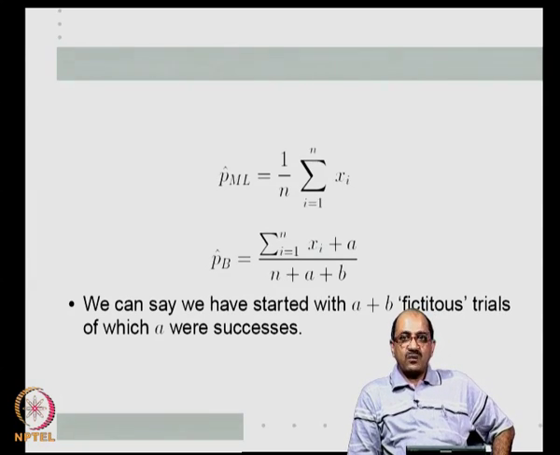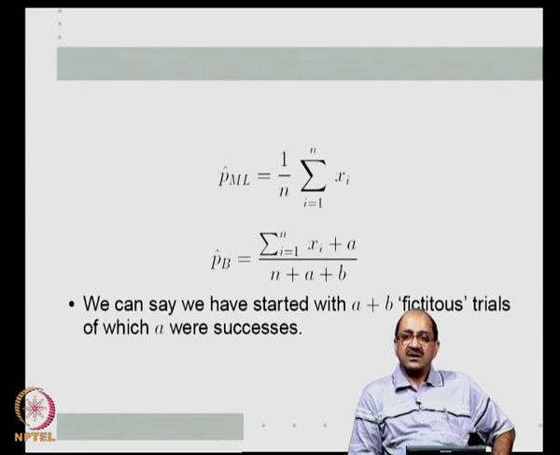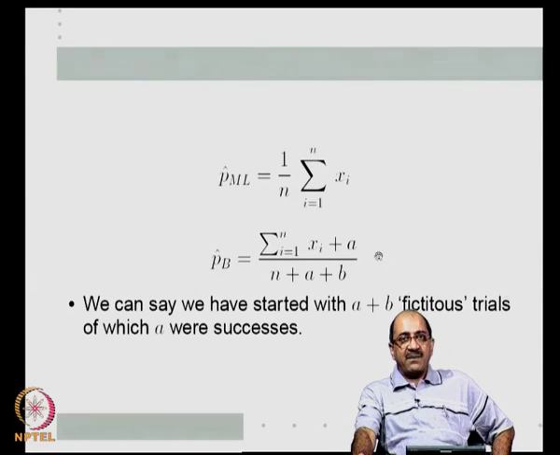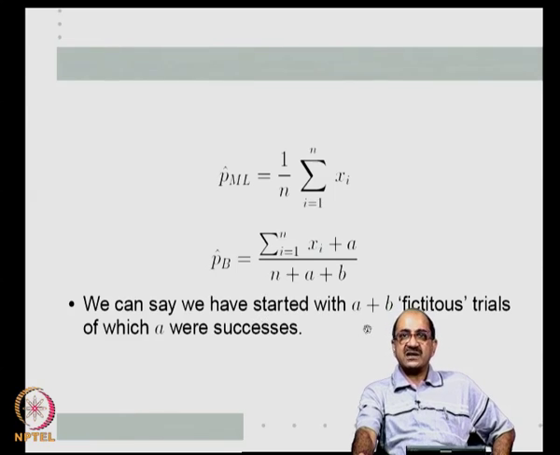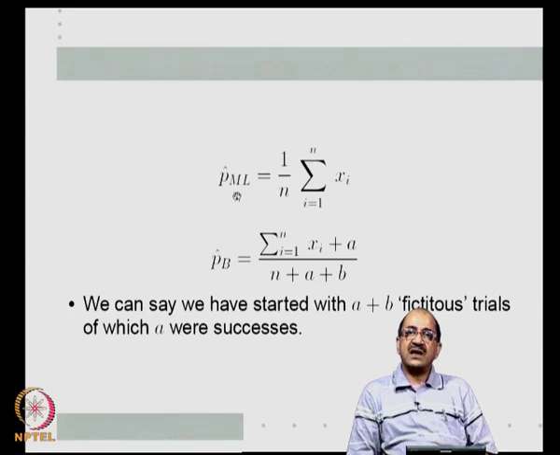Then even with only one data point, it becomes (3 plus 1) by (3 plus 3 plus 1). So it does not go too far away. As the number of trials increases, the summation of xi will be much larger than a, and n will be much larger than a plus b, so this will be the same as the ML estimate. But for the small sample case, it is like we started with a plus b fictitious trials, of which a were successes.